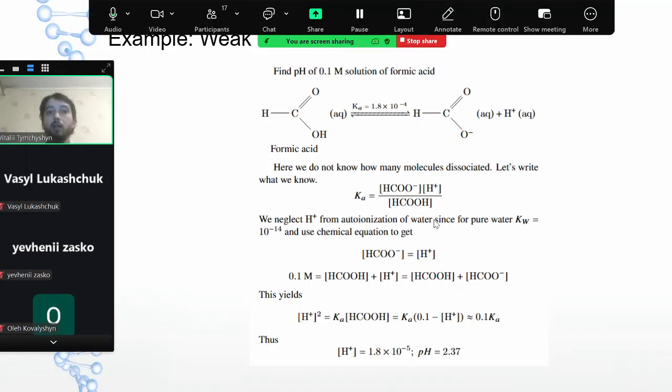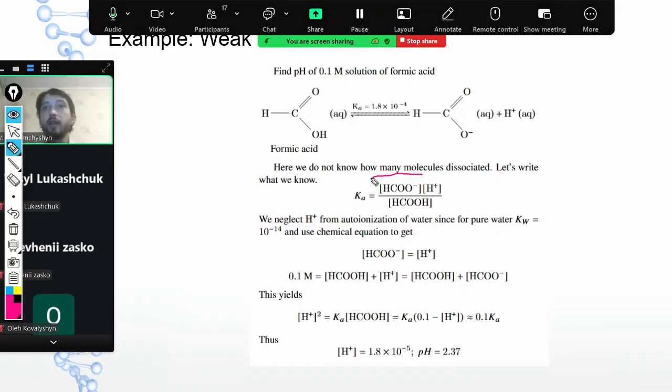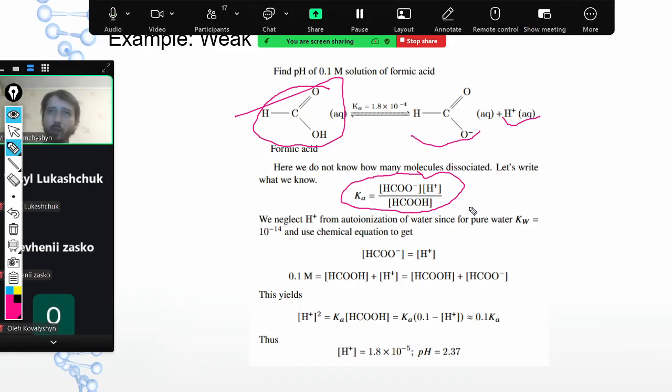What do we do now? First, we write the definition of the Ka. Here it is. Concentration of this anion times concentration of H divided by concentration of the undissociated part. Here it is. Once again, we neglect H plus from auto ionization of water.